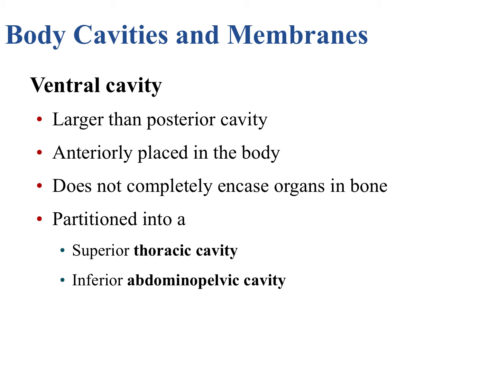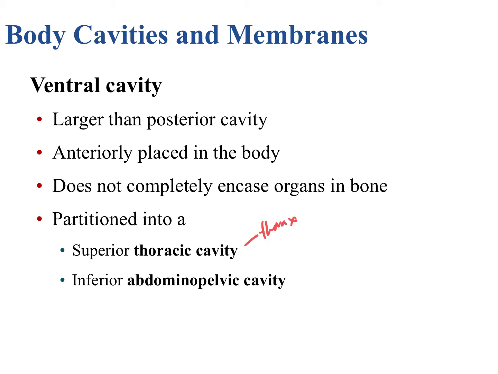We can partition or divide the anterior cavity into a superior part and an inferior part. So the superior part is the thoracic cavity, okay, or the thorax. And the inferior part is the abdominopelvic cavity. And there's a physical separation between these two.